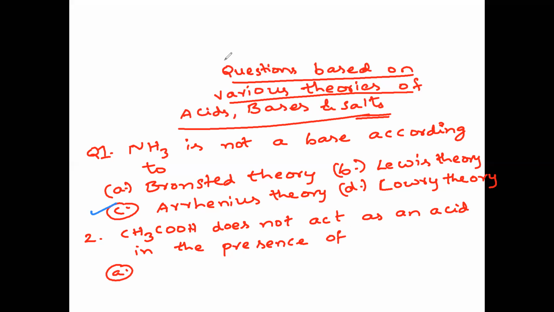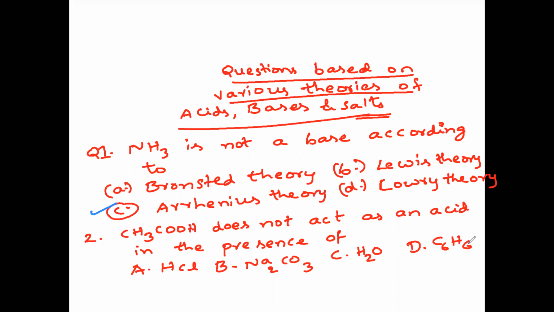They have given 4 different options. A is HCl, B is sodium carbonate, C is H2O, and D is benzene, C6H6.